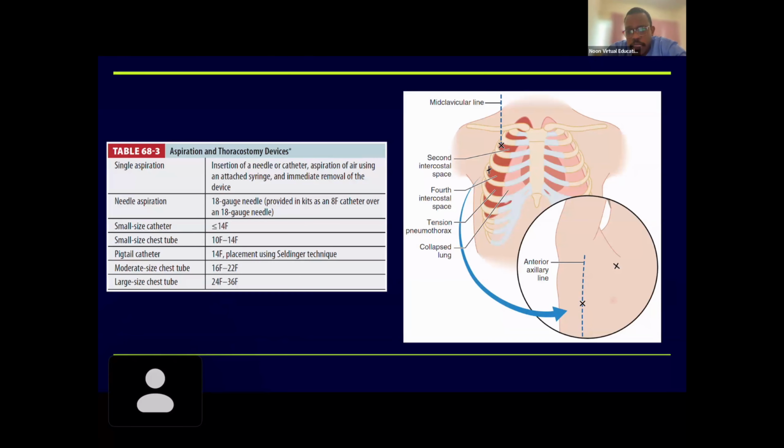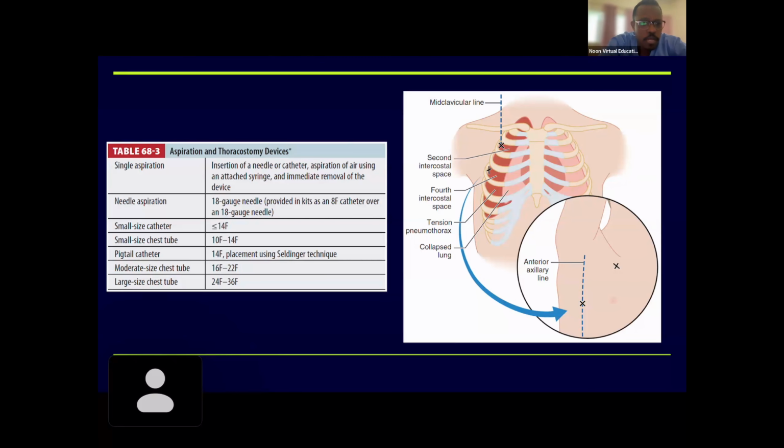Size of tube in pediatrics? Actually, Islam, pneumothorax in pediatrics is very rare. The second thing is the size of the pneumothorax itself. You can go with a small size. The size of the pneumothorax determines it, not the child.